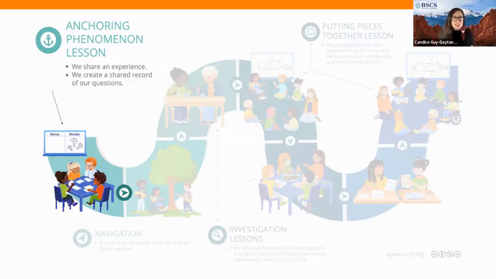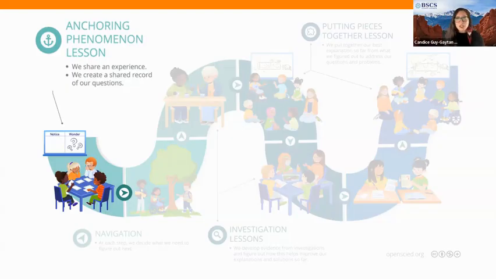And in all of the units that use this storyline instructional model, the first lesson should introduce an interesting phenomenon or problem by way of giving all the students some sort of shared collective experience for us to see and observe and wonder about.